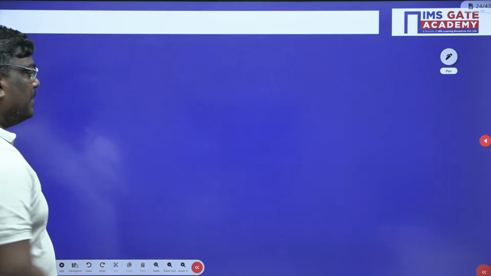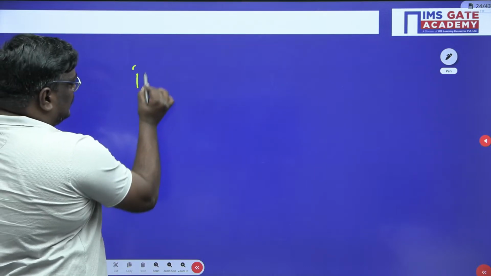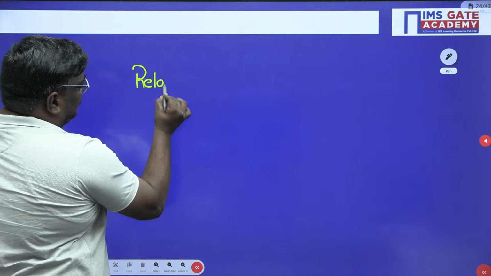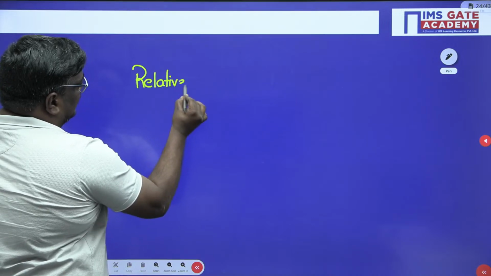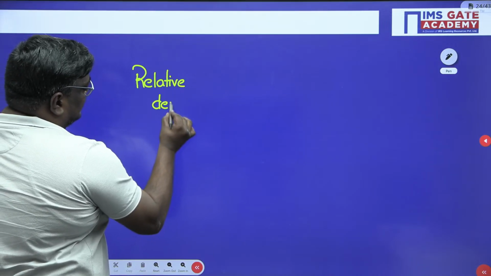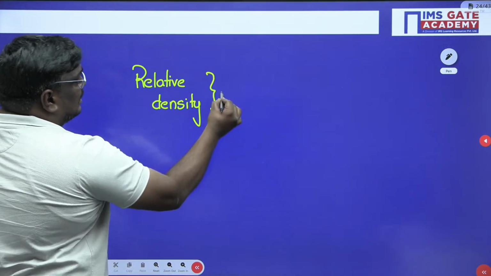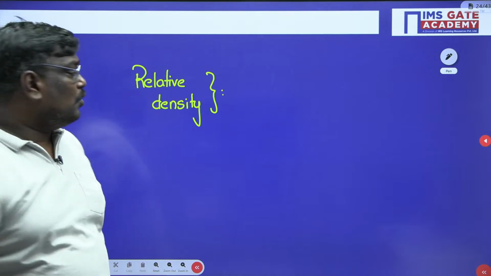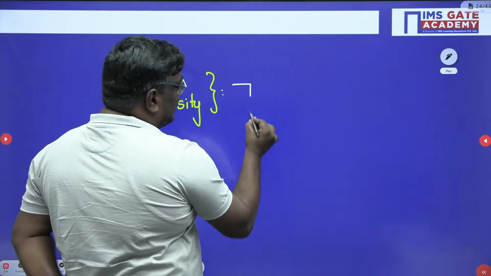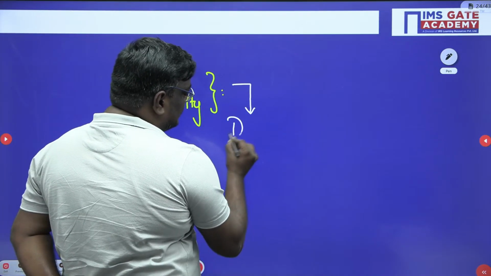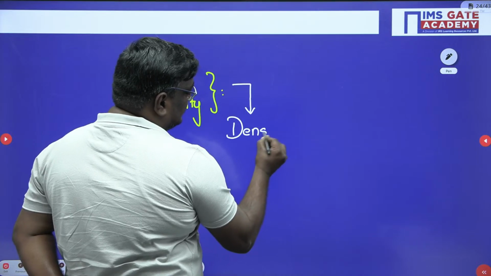Now, what do you mean by relative density? In GATE 24 they gave one question. It is useful for classification of coarse grained soils. How do you define relative density? Relative density is also known as density index.